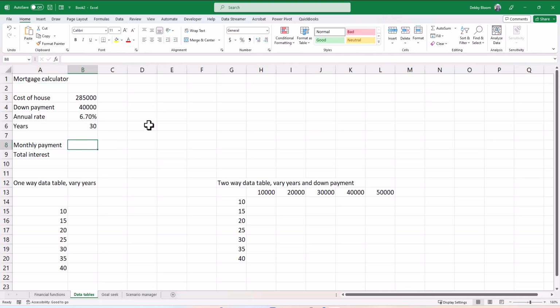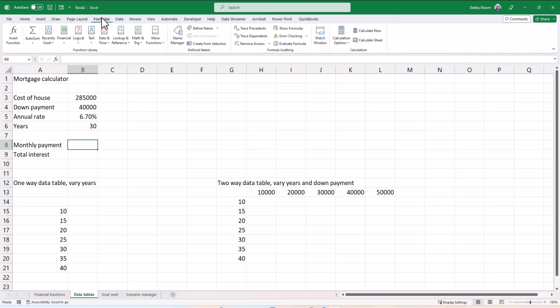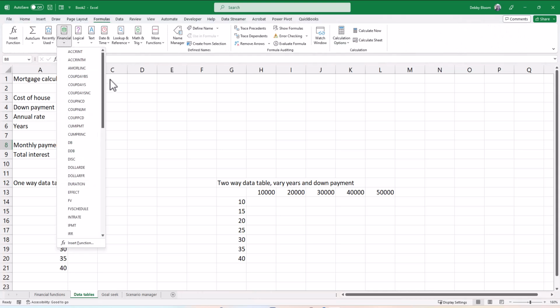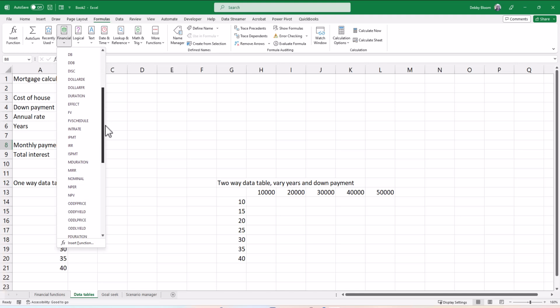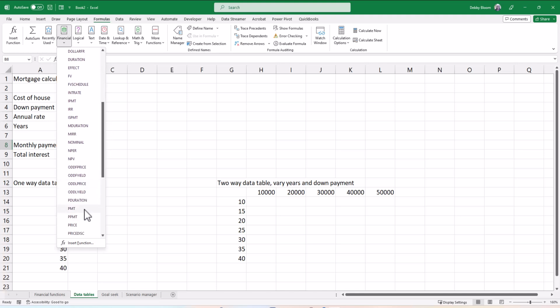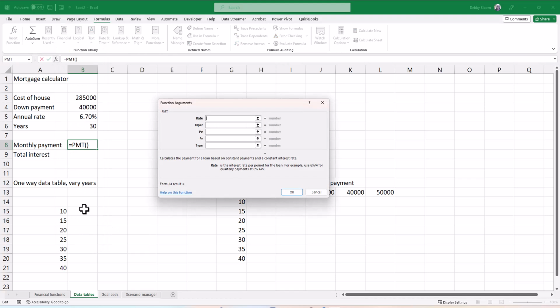So to calculate the monthly payment, I'm going to click in cell B8. I'm going to go to my formulas, financial, and PMT. So my rate is 6.7% /12 because it's a monthly payment. If you have a 30-year mortgage, NPER is going to be 30 multiplied by 12, so it's 360 payments.